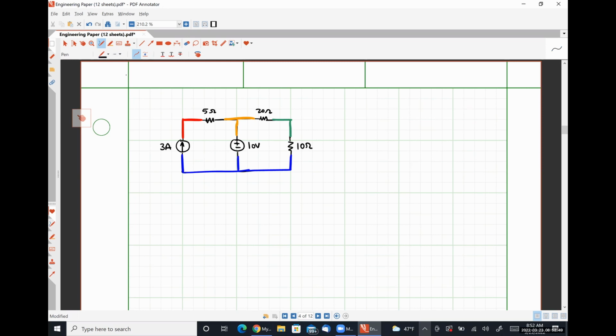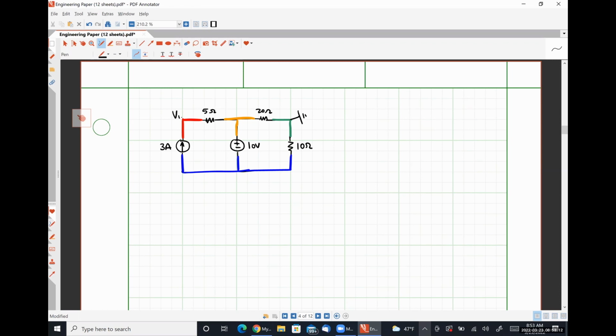For the sake of argument, I'm going to choose this top right node to be my reference node. Okay. It is an odd choice, so I appreciate your funny look, Sarah. It definitely is an odd choice, but I'm choosing it to illustrate the problem that we're about to see, okay?